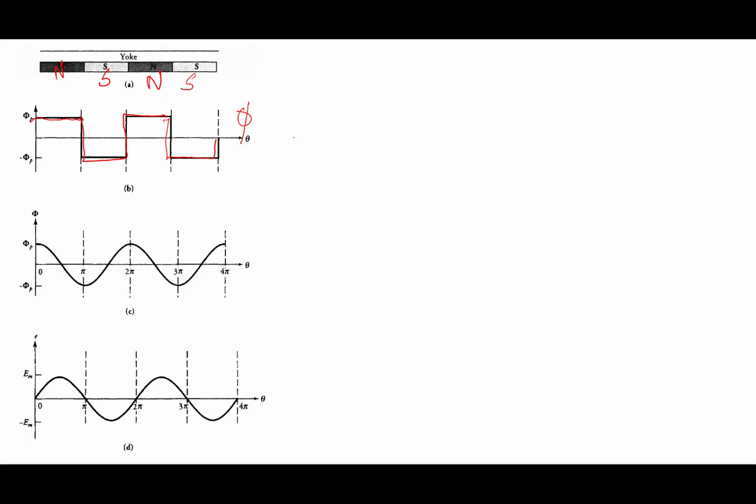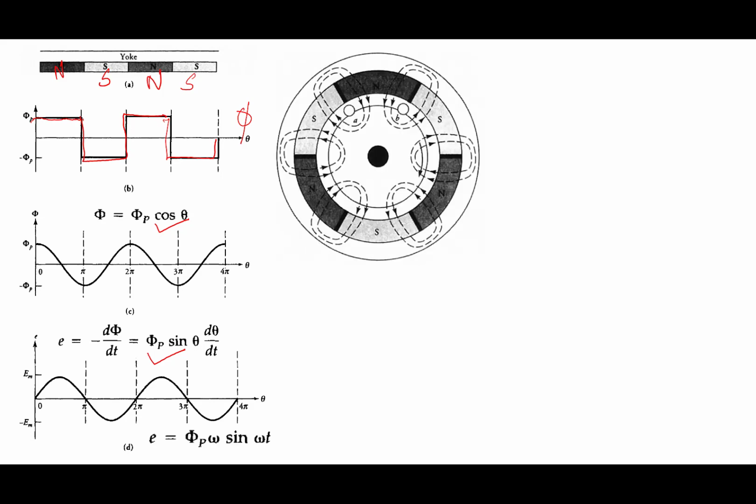Now the flux linkage is this one, your flux linkage equation, phi p cos theta. If we take the derivative of the flux linkage, we find the induced EMF equation, phi p omega sin omega t, right?